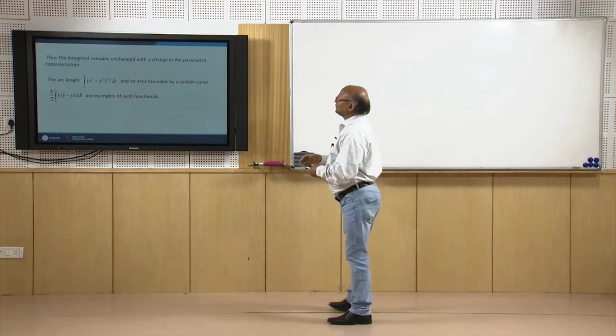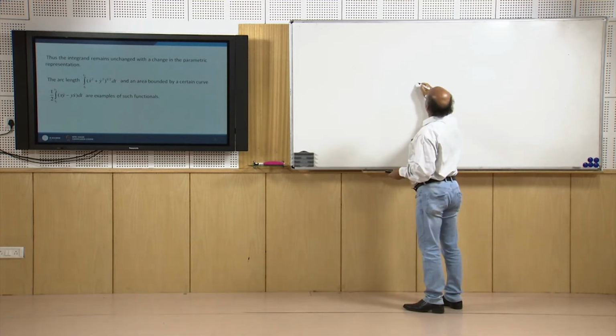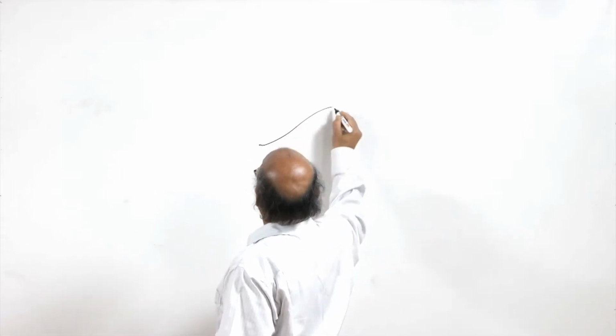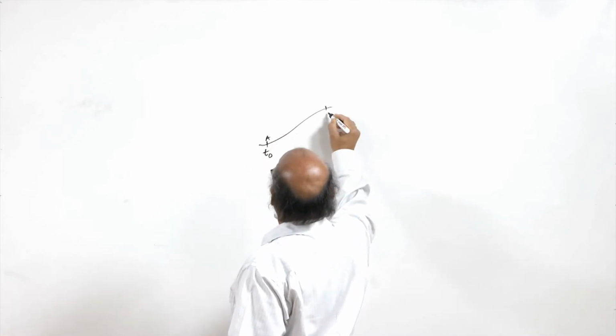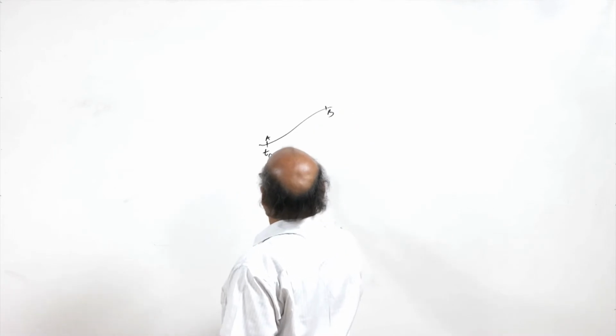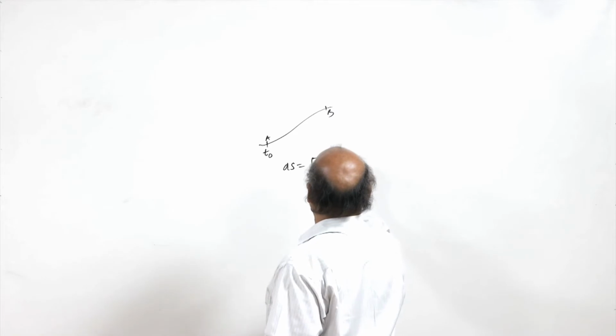Let us say we know the arc length along a curve from t naught to t1. If you take any curve, this is the point corresponding to t naught, the point corresponding to t1, and then the arc length we know is the square root of dx square plus dy square.